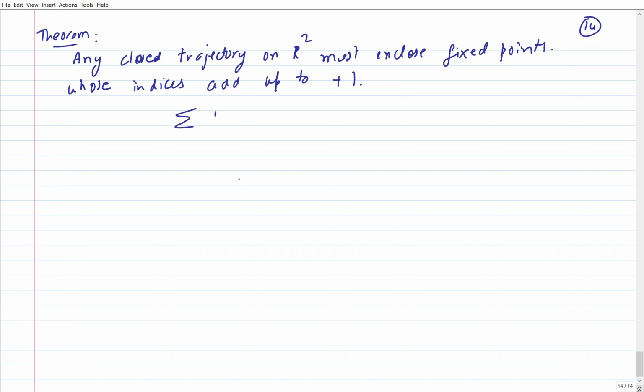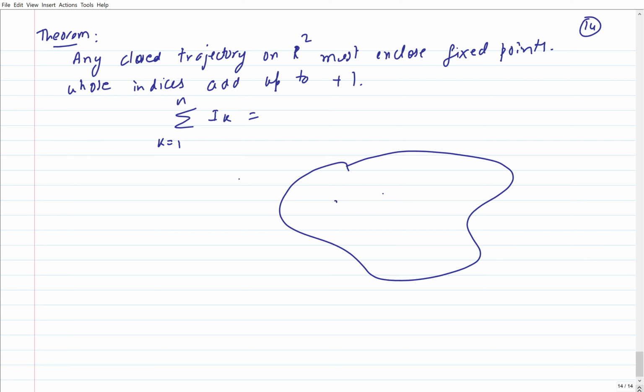So the trajectory encloses fixed points, this is a closed trajectory, and the indices should add up to +1.